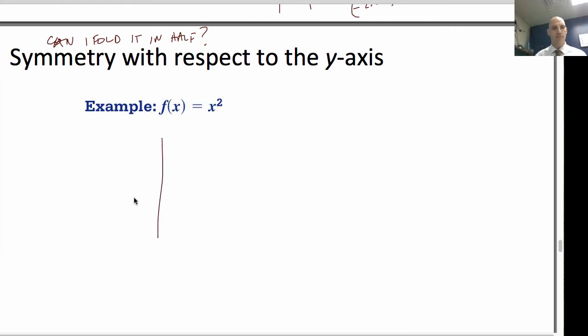So if I graph this here, I can fold it in half. Yes. So if this is x, y, negative x, y is on there. So over the y-axis, I've got an x, I've got a negative x, and they graph, so the y value at x and negative x is the same. Okay, so this is also an even function.